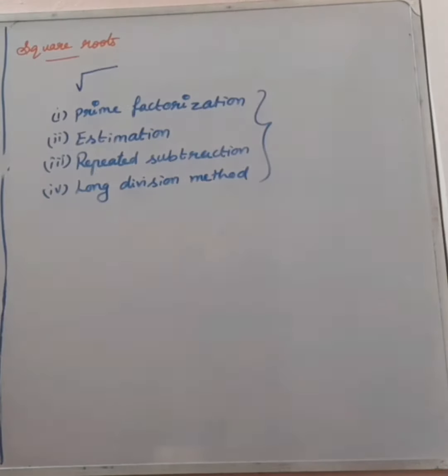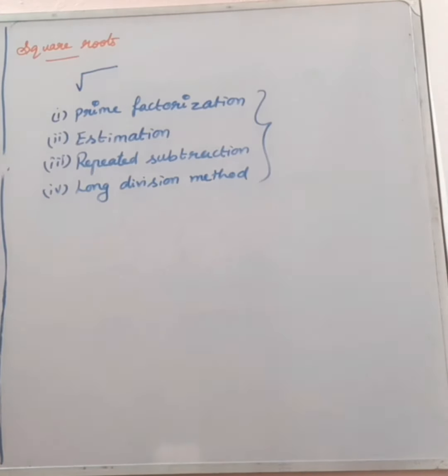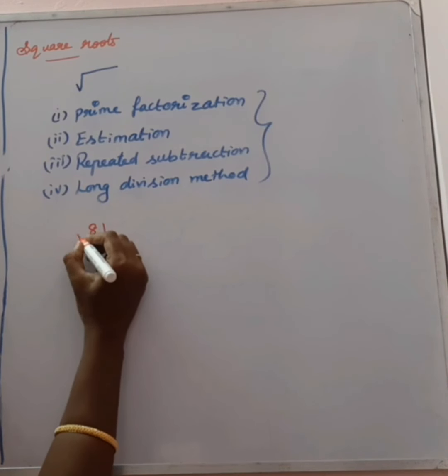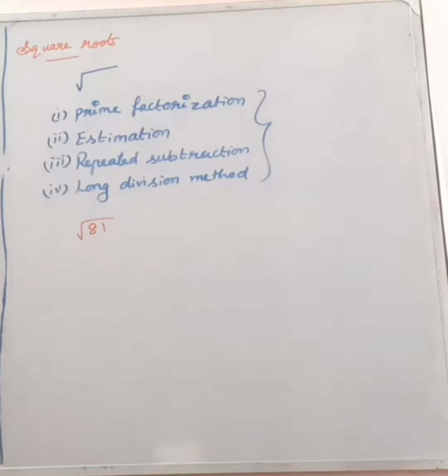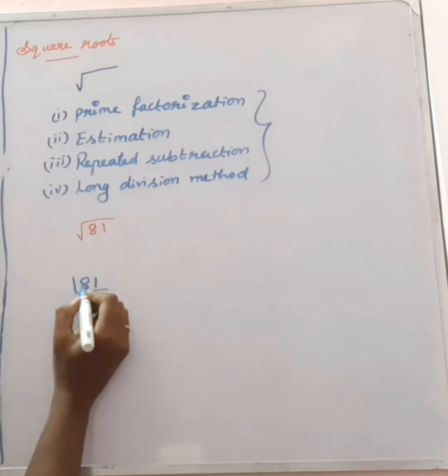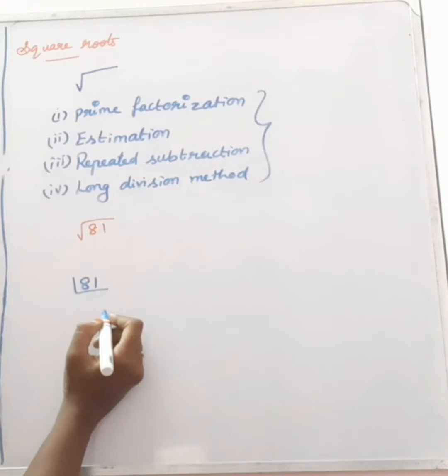The square root means the number which is multiplied by itself. For example, if we have the number 81 in a square root, what are the possible factors for 81? 81 comes under which table?